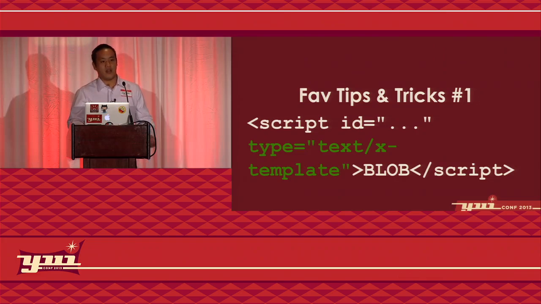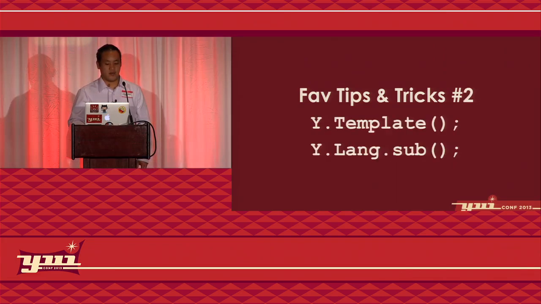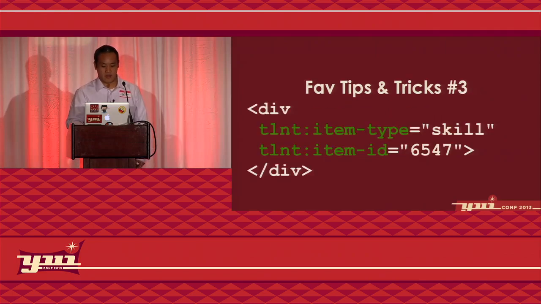We often put our HTML templates in there, which goes along really great with using y.template or y.lang.sub. And that really enabled us to define our HTML templates only in one place on the server side.